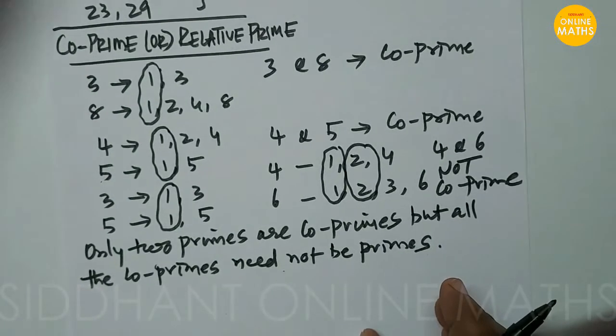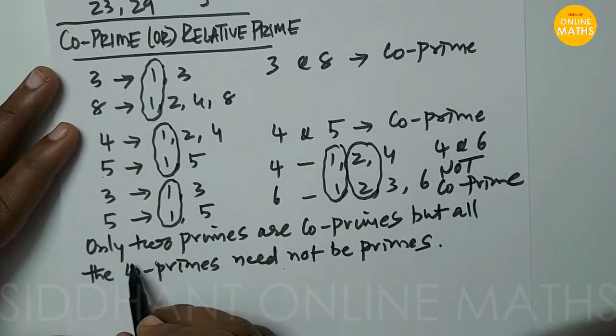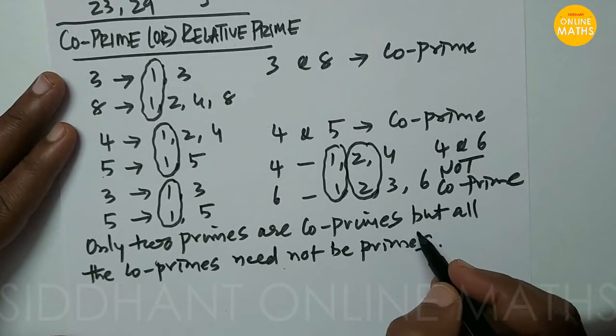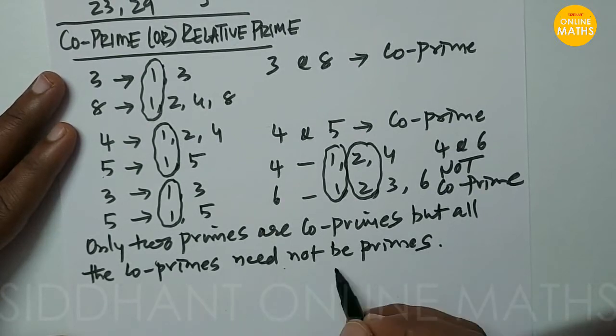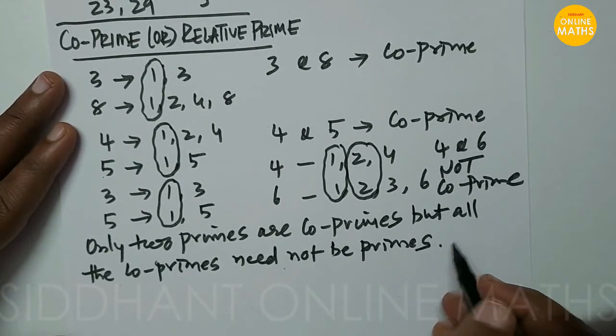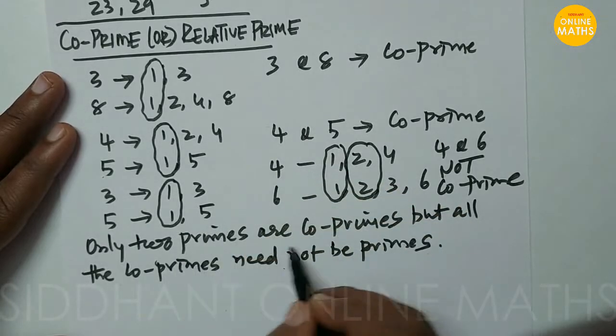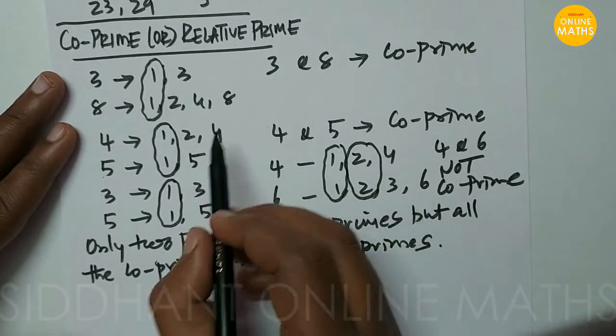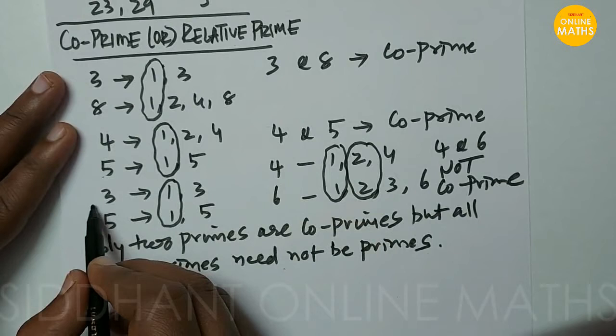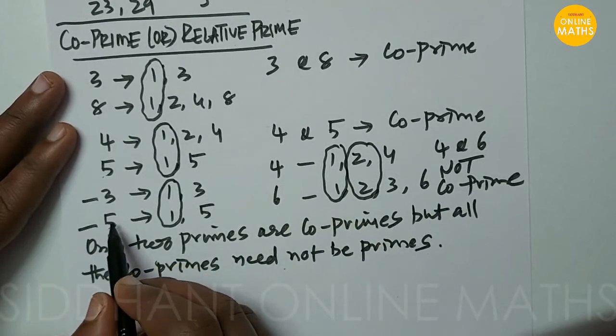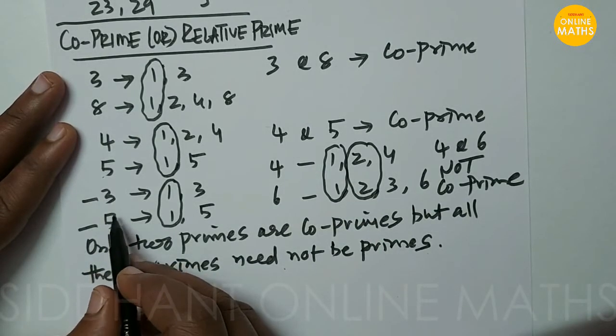The statement given here says only 2 primes are co-primes, but all co-primes need not be primes. Suppose you take 3 and 5. These 2 are primes: 3 is a prime number and 5 is a prime number.